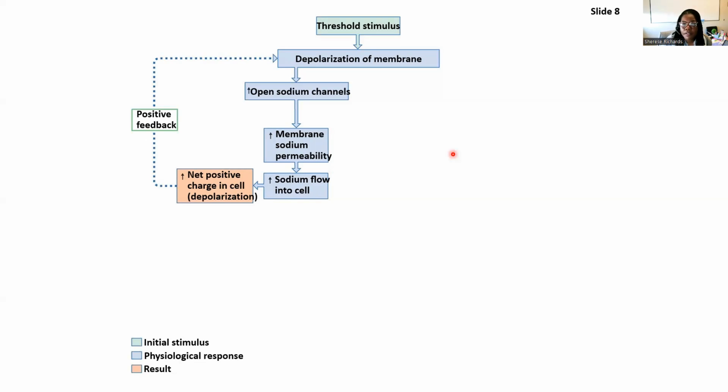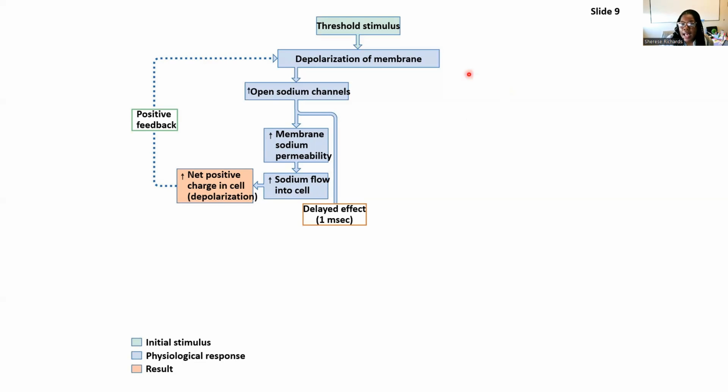That's going to be a positive feedback example because the opening up of sodium channels actually encourages more sodium channels to open up, right? And that's going to happen continuously, moving us further and further away from our set point, which is negative 70.